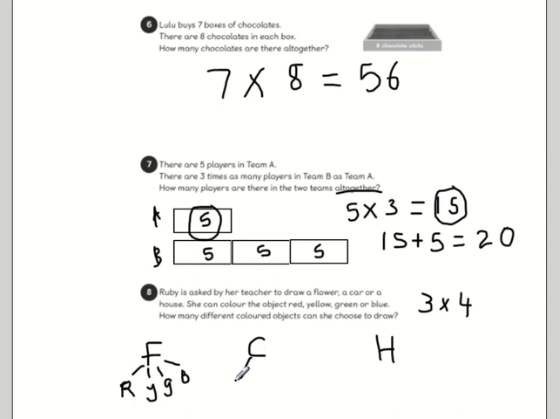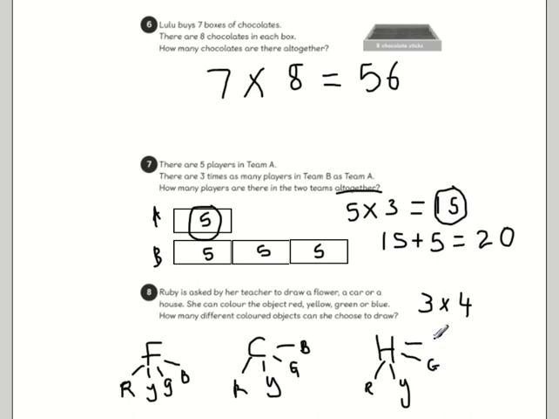So let's draw all the options. We've got red, yellow, green, or blue. And then again, we've got red, yellow, green, or blue.